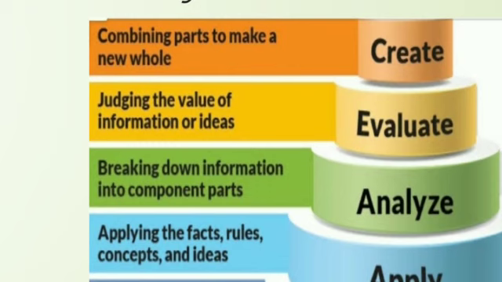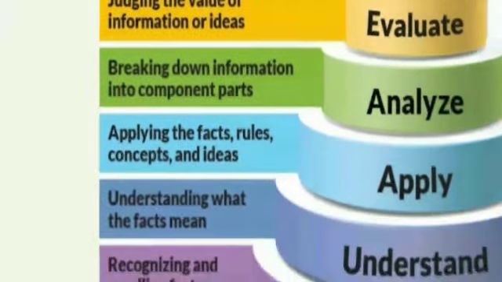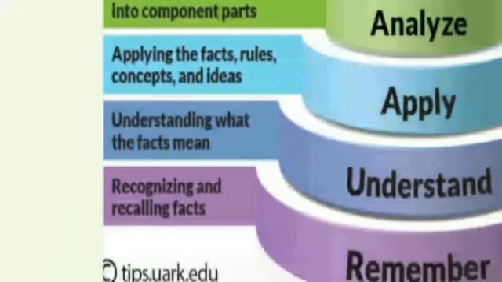Then evaluate means judging the parts we have combined, judging their information and ideas. Then analyze is breaking down information into component parts. Then apply the facts, rules, concepts and ideas. Then understanding what the facts mean.